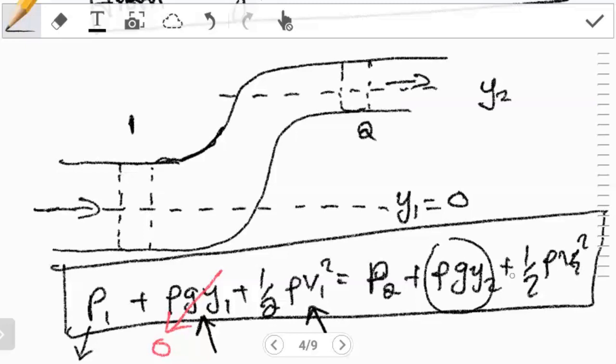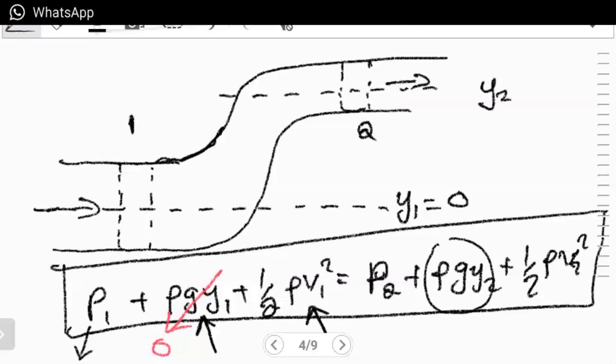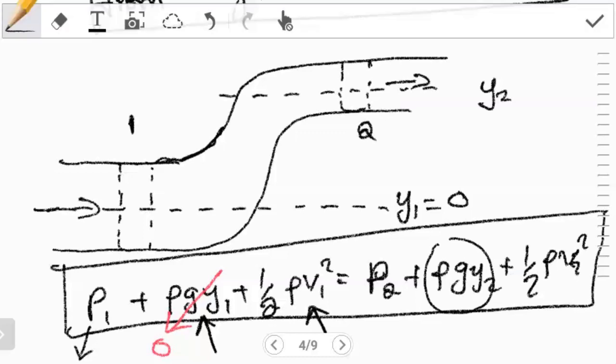Okay, now before we actually look at how this equation is derived, let's quickly try to work out the question that I started by showing you guys. Let's see how we can actually use this equation to work out that particular question. Okay, so ideally, the equation is the same.